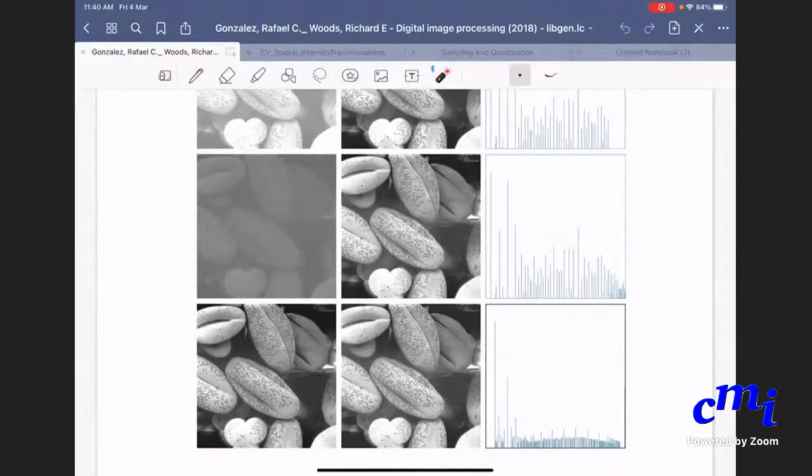You will not be able to perceive any difference between these two images simply because the intensities are spread over the entire range, or the same range in both images. So it makes no perceptible difference, even though these two equalized histograms look different from each other. Those were two points that I wanted to make.